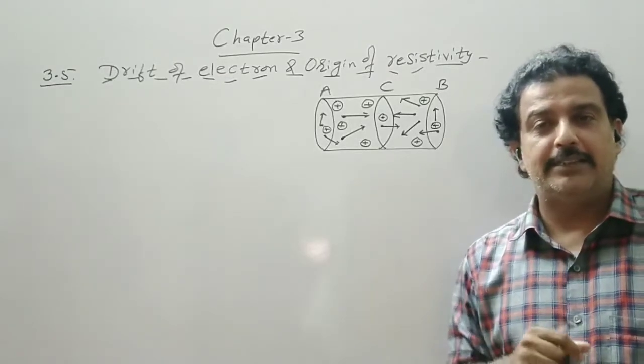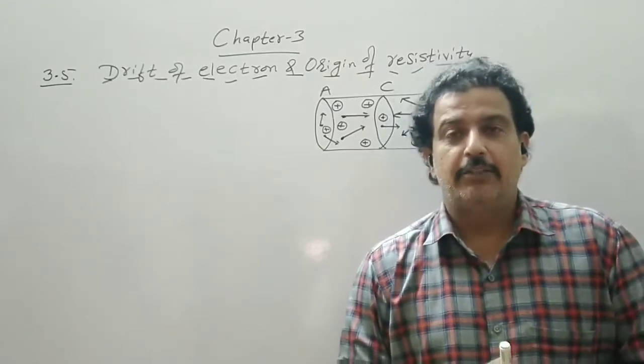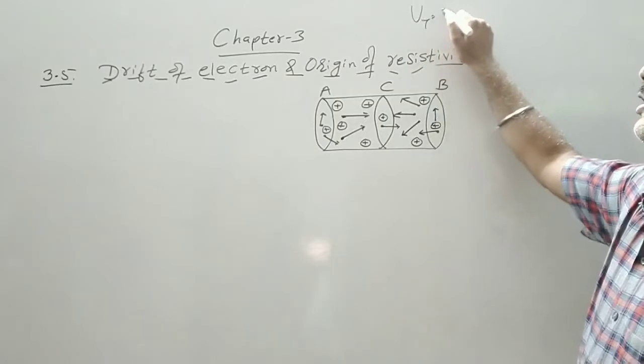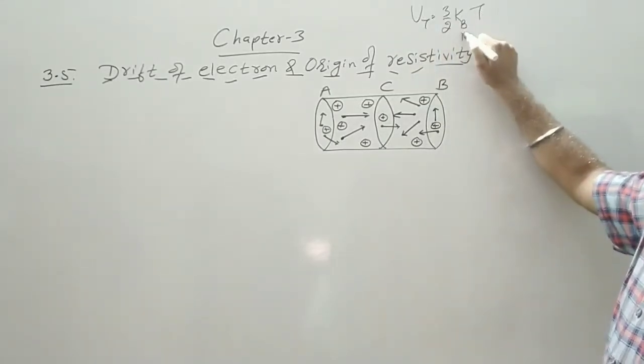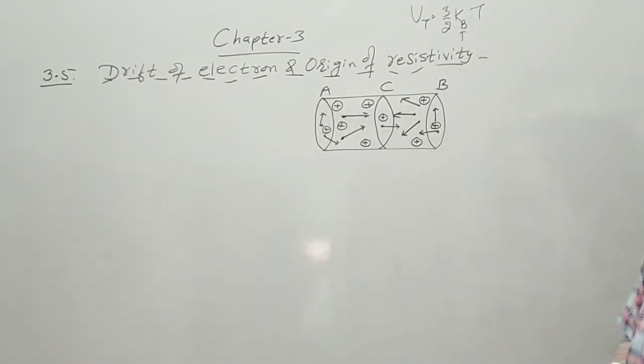The thermal energy available to a conductor is given by 3/2 kBT. So kB is the Boltzmann constant, T is the temperature in Kelvin.